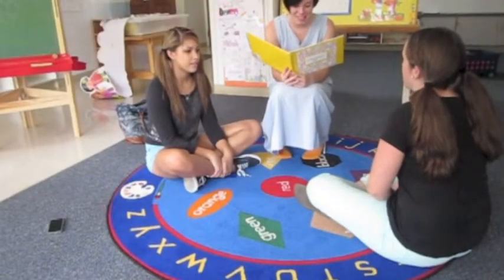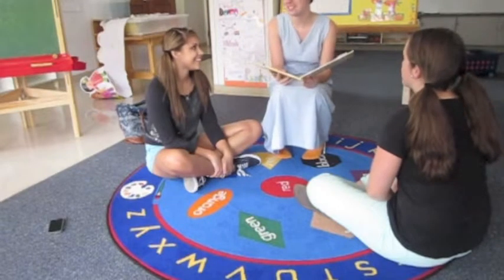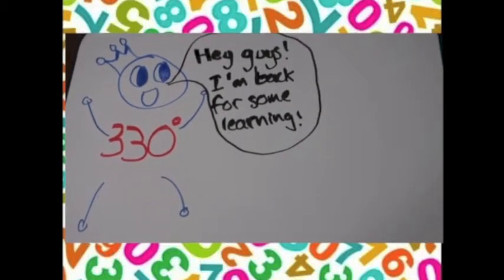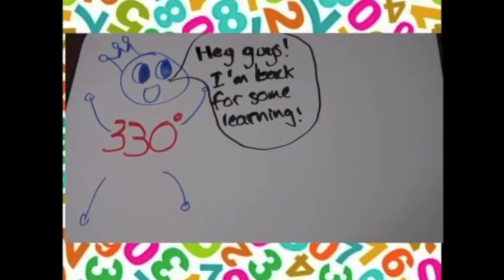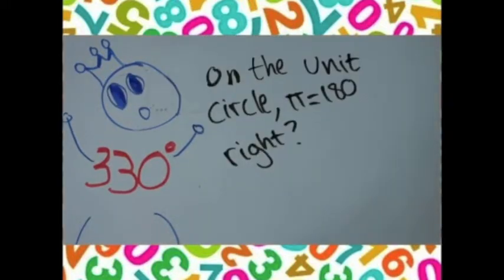Cinderadian became a degree. How did she do that? Well, let me show you. So, to convert radians into degrees, you know on the unit circle, pi equals 180 degrees, right?